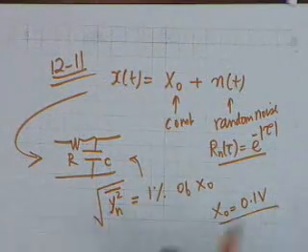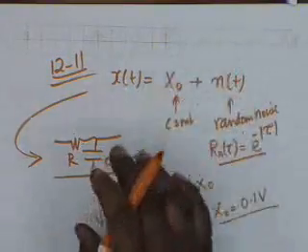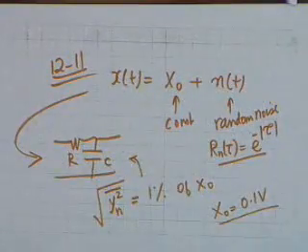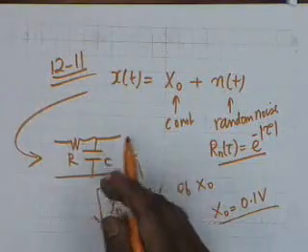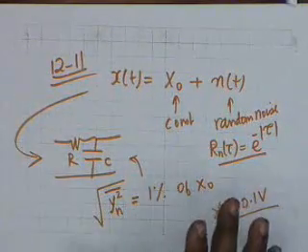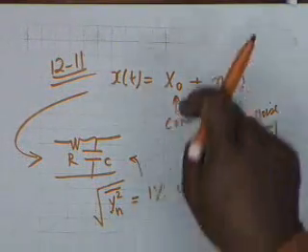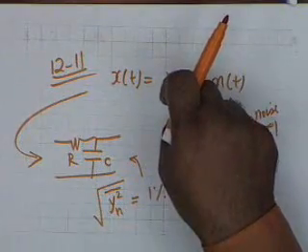If it did not have a DC value, for example if this was band pass noise, then we could get x0 exactly by passing it through a band pass filter. This is a low pass filter. So through a low pass filter, all that you can do is to reduce the noise root mean squared value, RMS value, as compared to the output.